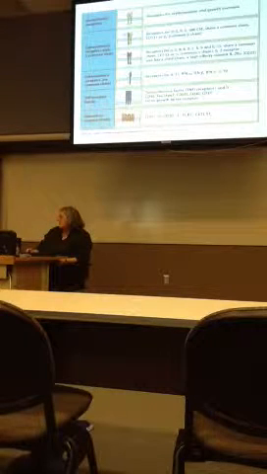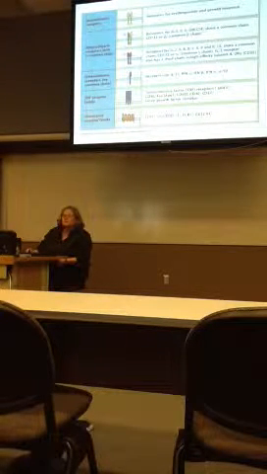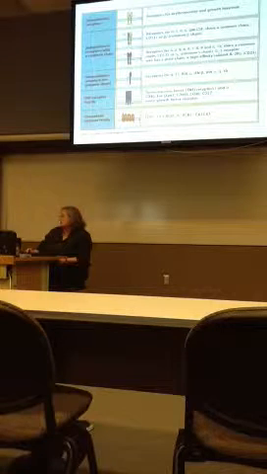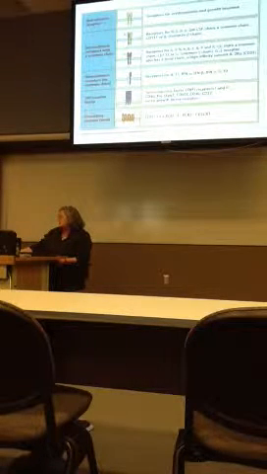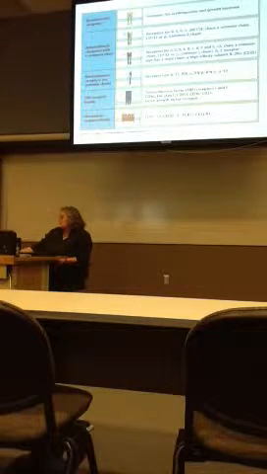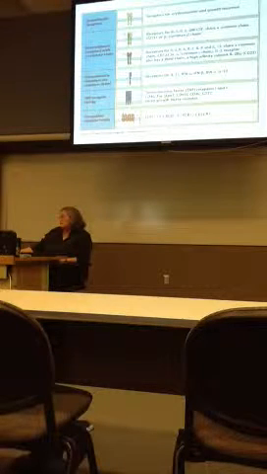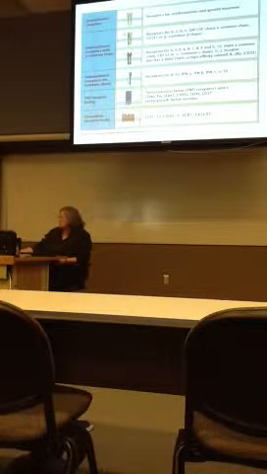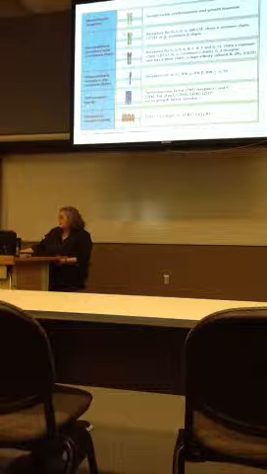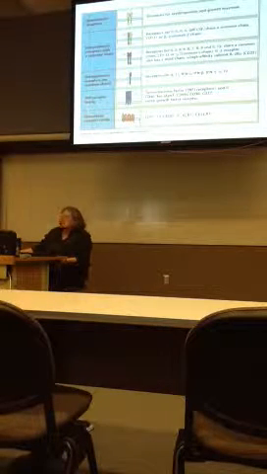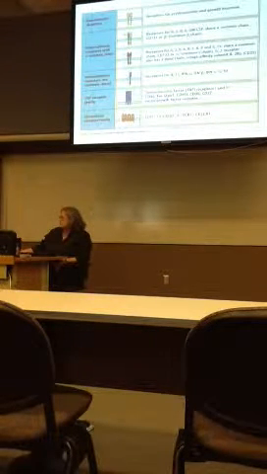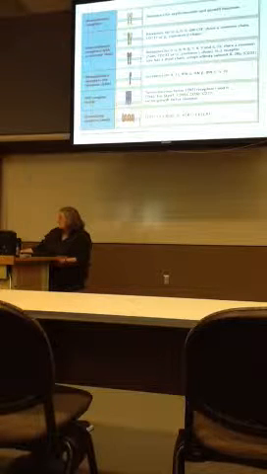Here are some different types of receptors on immunocompetent cells. I don't want you to memorize these, but just know a lot of these are dimers. There's the tumor necrosis factor receptor family, a whole group of similar receptors.